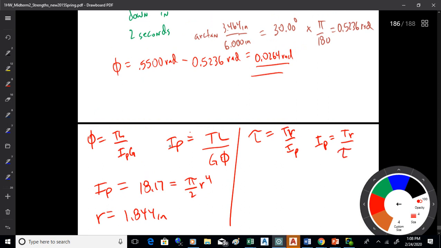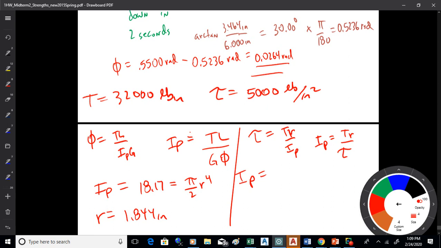So what we've got, phi there, we've got the torsion is 32,000 pound-inches, and we've got the maximum allowable shear is 5,000 pounds per square inch. So you can plug all that in, and based on this, you can find whatever I sub P is. I'm not quite sure what that comes out to be, but the R comes out to be 1.597 inches. Okay.